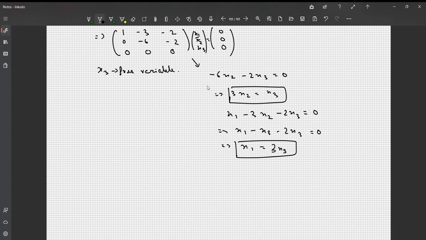What can we consider x3 as? Suppose x3 is 3. Have I made a mistake? Yes, it should be minus x3. Correct.